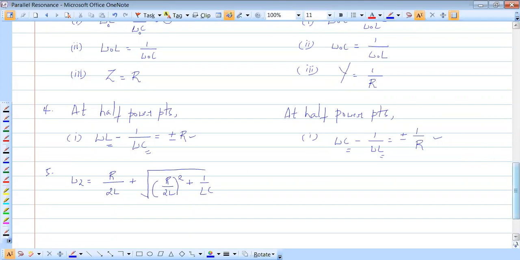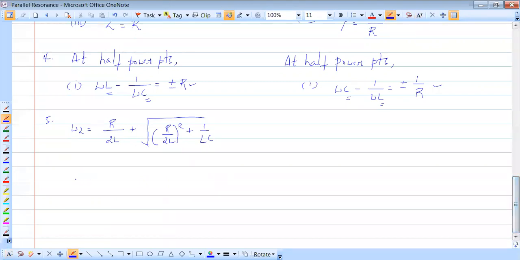And what was omega 1? If you know omega 2, omega 1 can be easily obtained. Just take minus for the first term, that would become your omega 1. If you remember just omega 2, omega 1 is negating the first term only.